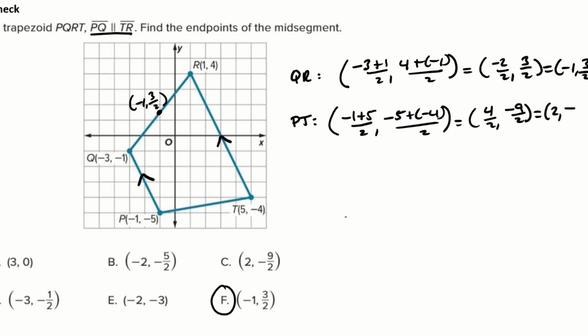All right, -9 over 2 is -4.5. So we get 2, and then -4.5. Looks like this one right here. Oh, I said -2. I meant to say +2. All right. And there you go.